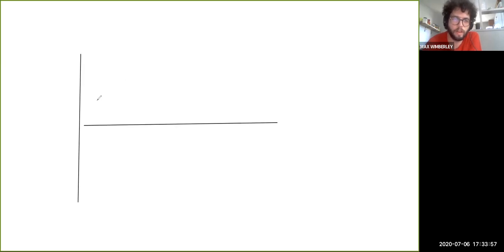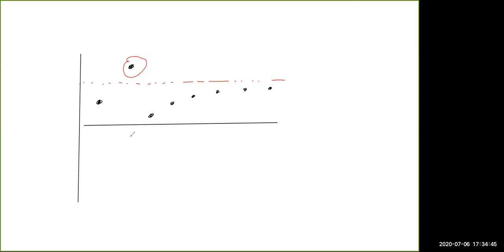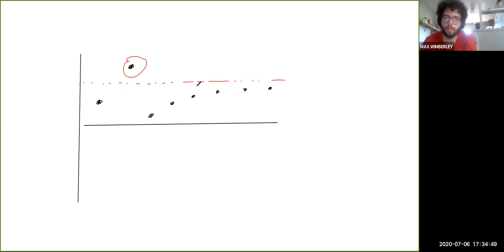But even if we do something like this, the second term here could be dominant if there's an asymptote going this way. The second term is dominant, but there's only one dominant term here. And it's easy to see that if this keeps increasing like this, then you can just take this as your subsequence. It turns out that if there are only a finite number of dominant terms, then you have to be able to find some increasing subsequence, somehow or another.